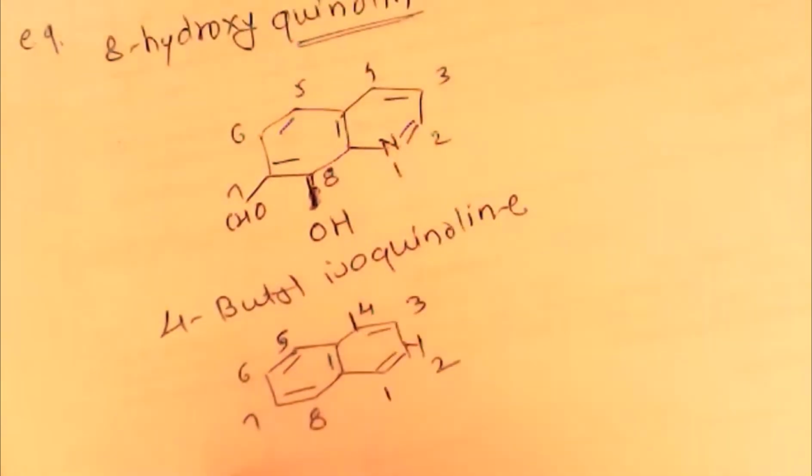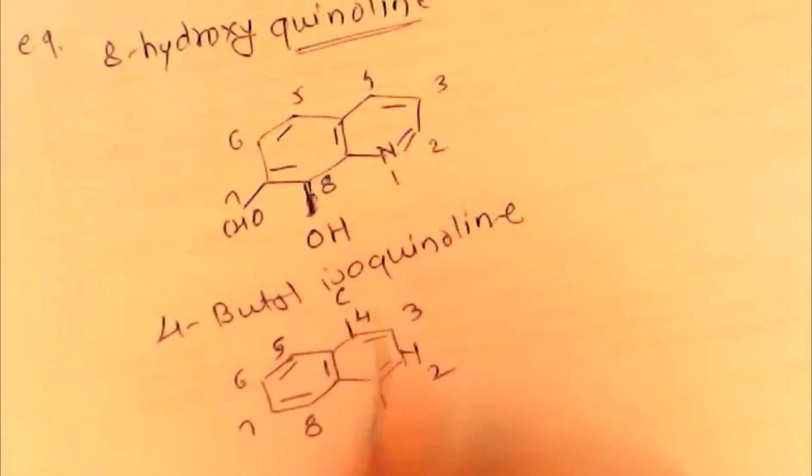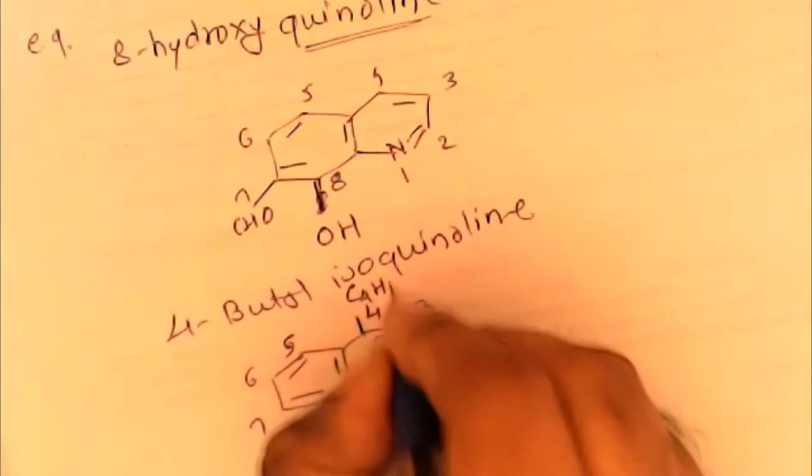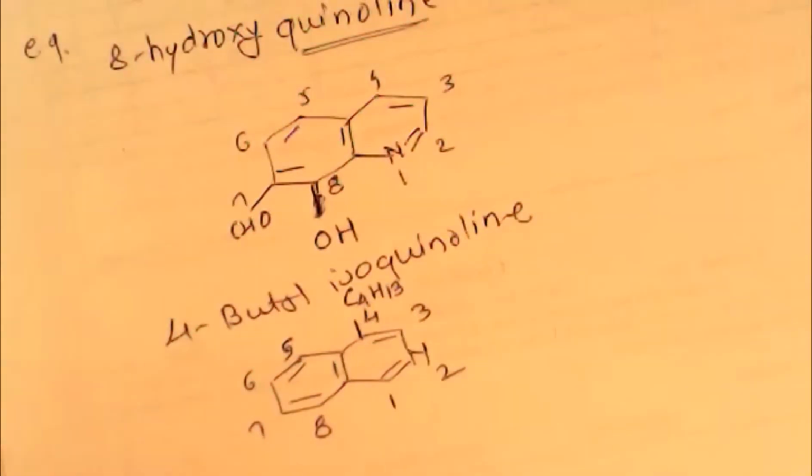Okay, and at that position there is a butyl group. So which group is the butyl group? What is the formula? C4H9. Okay, so this C4H9, that is a butyl group. It may be isobutyl, or neobutyl, or tertiary butyl, that is not mentioned. So you just write the butyl group. Maybe a phenyl group is there, maybe other groups are there. Any could be possible. So we just take the precaution.